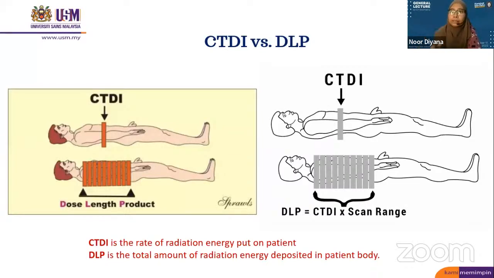You will get the same CTDI volume for both patients, if you are using the same kVp, same mAs, same pitch, same slice thickness. The difference is only the scan length, because different patients may have different irradiated lengths.